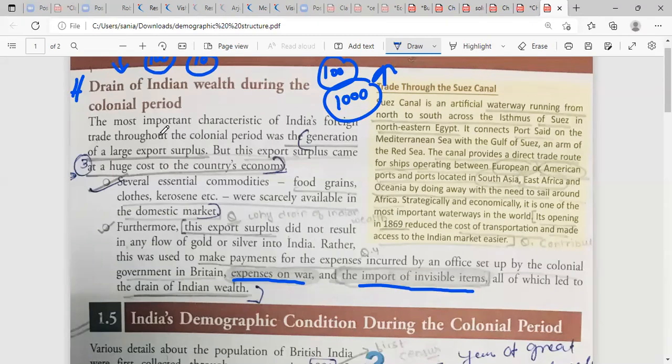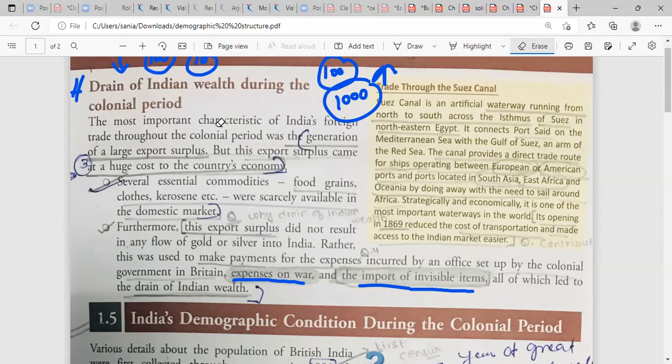So now, basically, write down the question. Instead of export surplus, how can you say that there was a drain of Indian wealth during the colonial period?